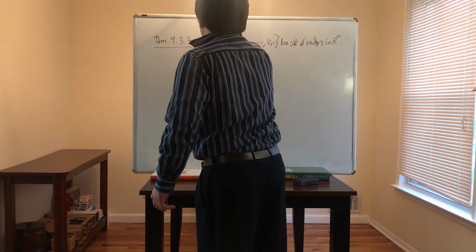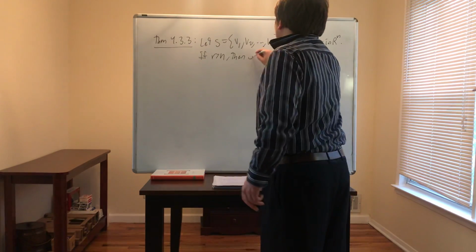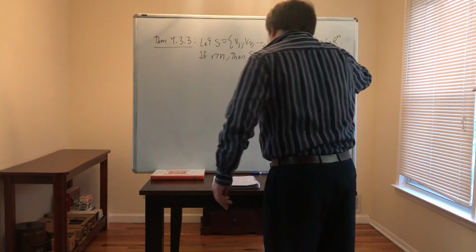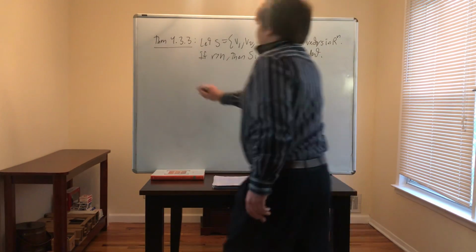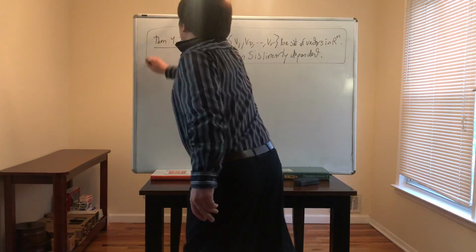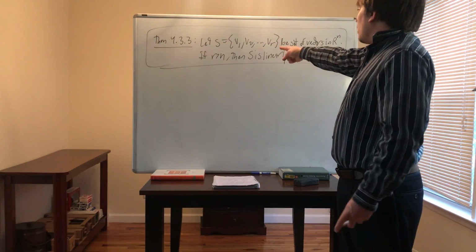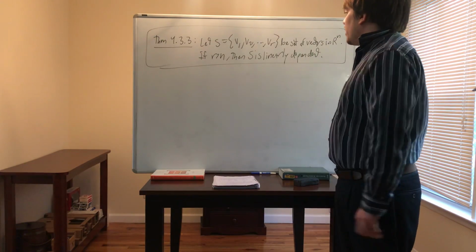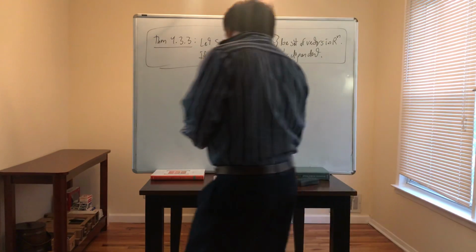If little r is greater than little n, then capital S is linearly dependent. Sorry. So this is Theorem 4.3.3. You have a set S of r vectors in Rn. If little r is greater than little n, then capital S is linearly dependent. Okay, so that's that theorem.